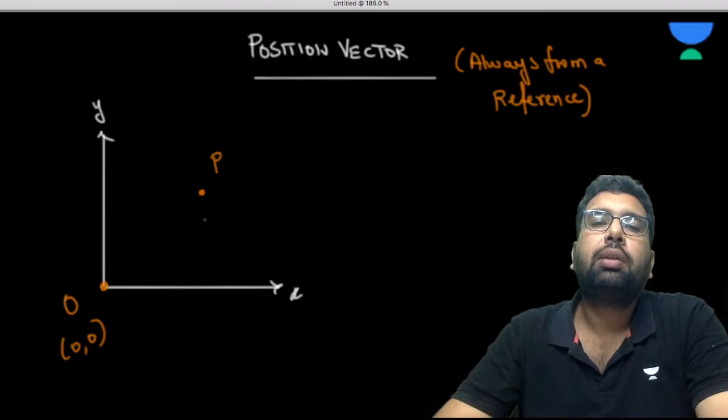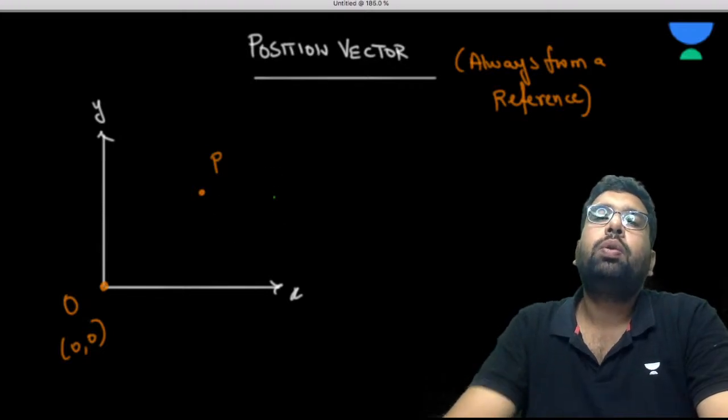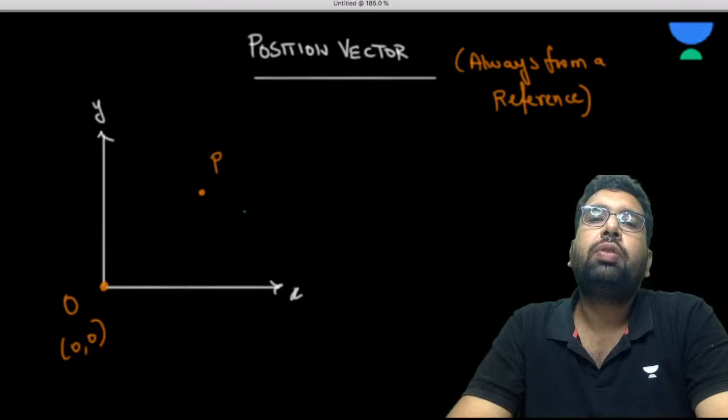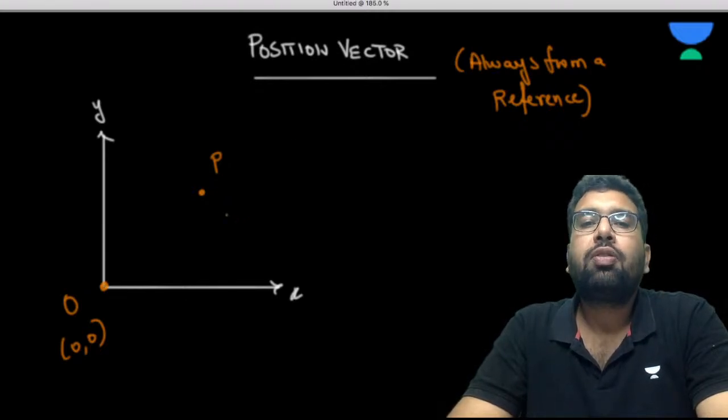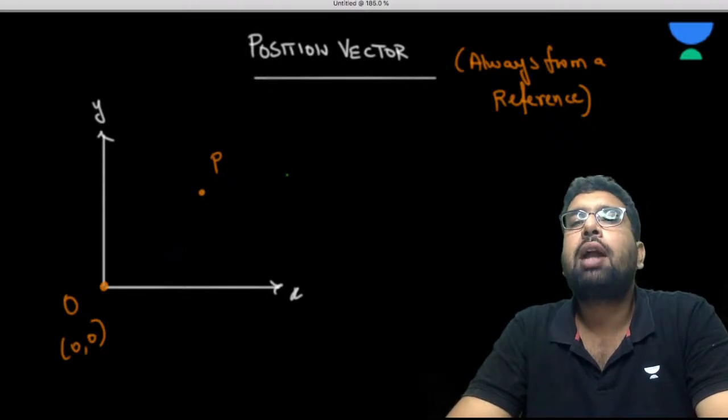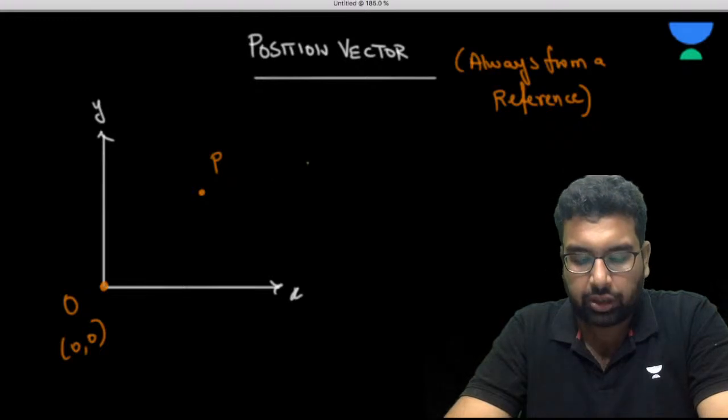So let's suppose a point P is there, and you want to represent the position of this point through some vector. The vector which describes the position of this point, or any point for that matter, is known as the position vector.